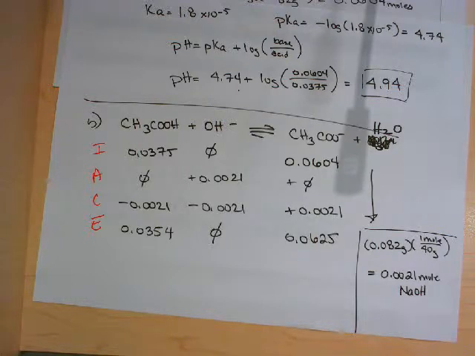Alright, so now I have equilibrium concentrations. My original question is, I want to find the pH. What do I need to do now? Because now I have concentrations of conjugate acid and base. What is this solution now, if it has just conjugate acid and base in it? Now it's a buffer. What do I do to find the pH of a buffer?